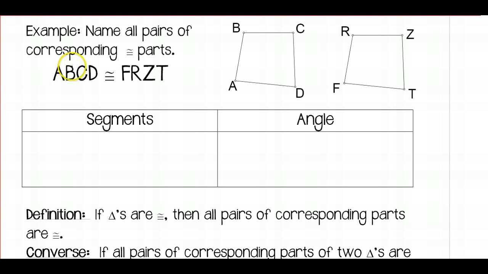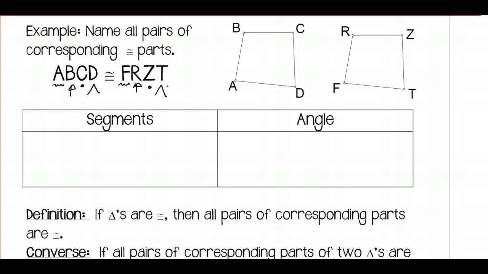So that means if I were to place these figures on top of each other, A would match up with F, B would match up with R, C would match up with Z, and D would match up with T. Those are the pieces, or the points in this case, that correspond.